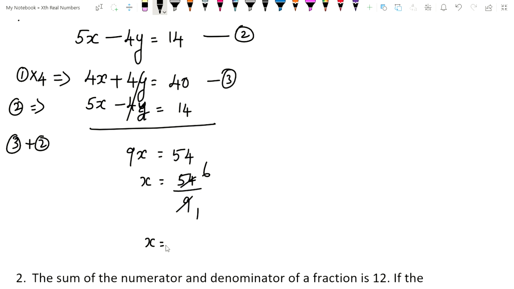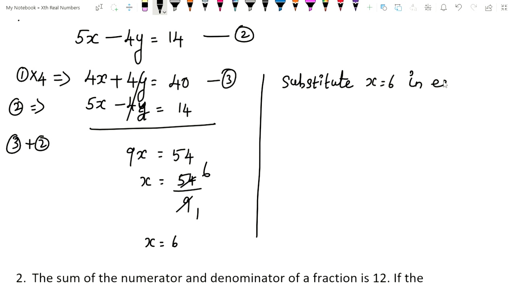So x equals 6. Substitute x equals 6 in equation 1. What is equation 1? x plus y equals 10. So x value 6 plus y equals 10. y equals 10 minus 6. What will you get? 4.